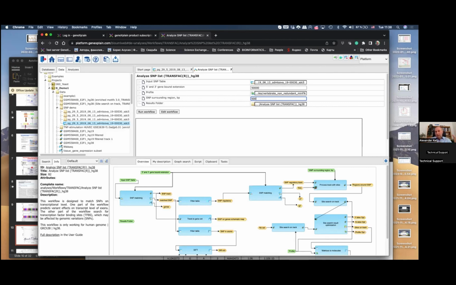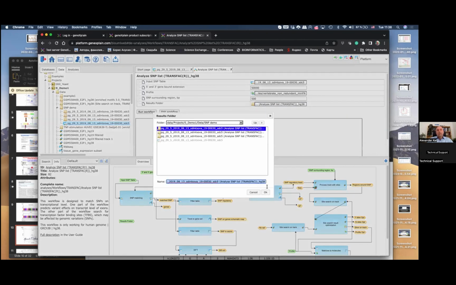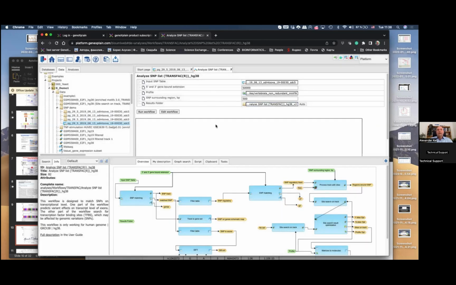And that, as I told you in the beginning, is very important, because the whole region is actually important, and the SNP is just a marker of that region. Okay, so we can change the output, and then we simply start the analysis.